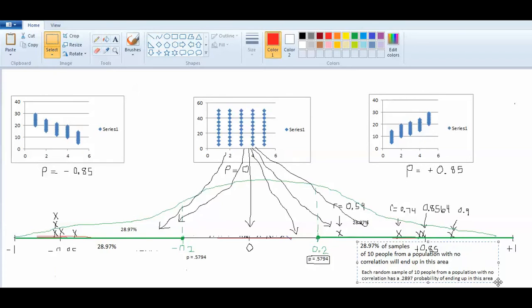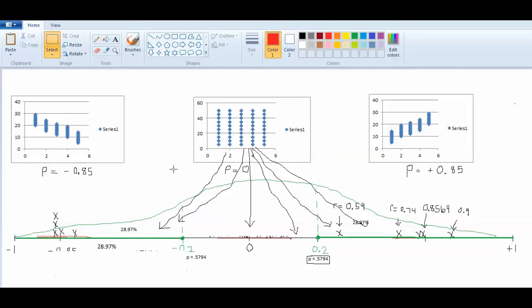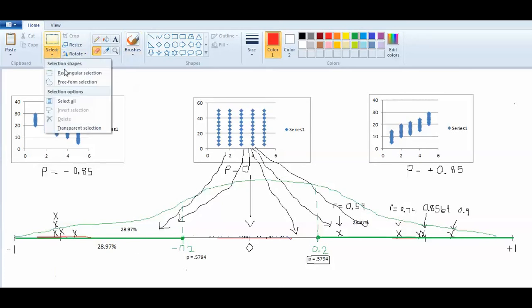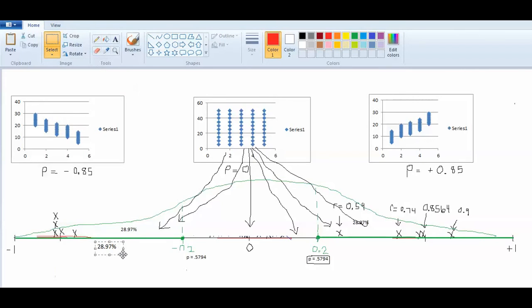I'll show you later how I got them. So right here, let's mark off negative 0.632.